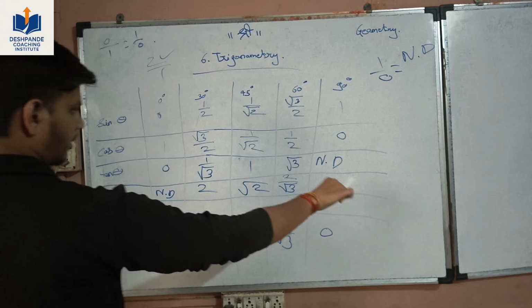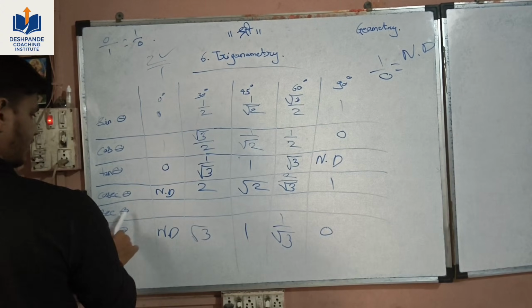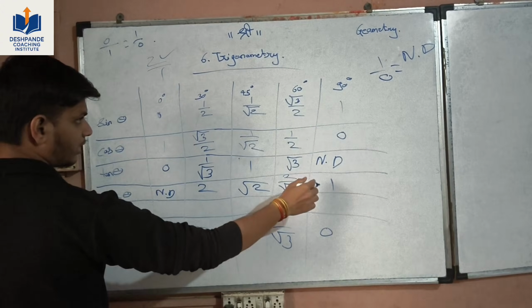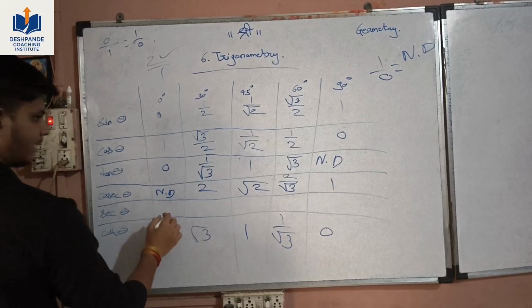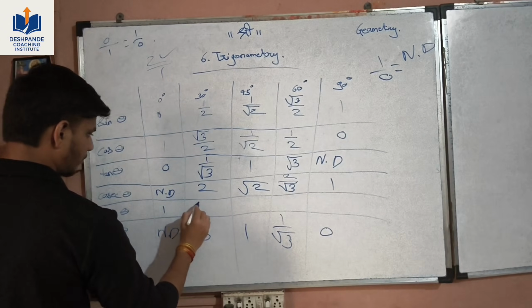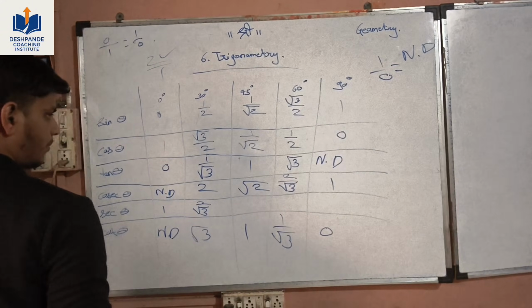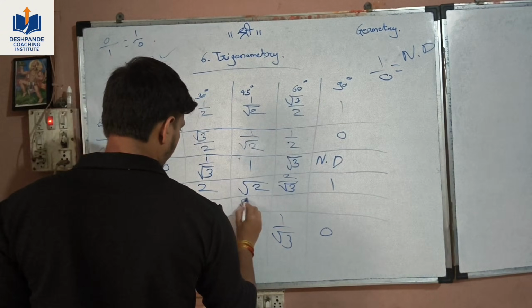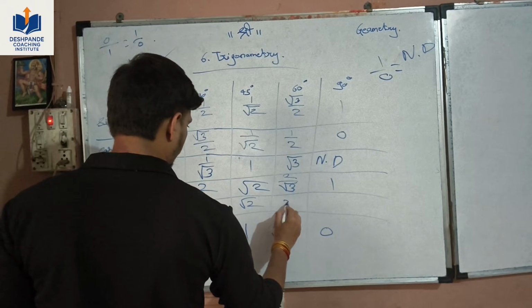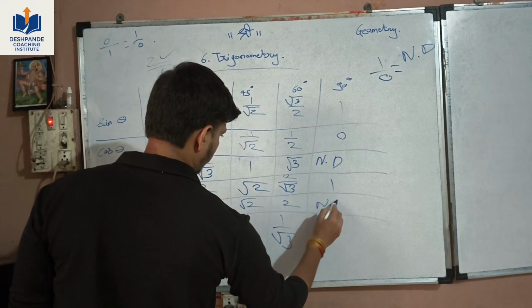So we just have to reverse the numbers in sec theta. So what is at 90? It will be at 0 degree. So it will be 1, then 2 upon root 3, root 2 as it is, then 2, and it will be not defined.